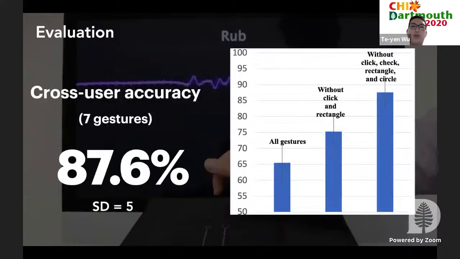Finally, the overall cross-user accuracy is only 65.5% for 11 gestures, which indicates the users performed gestures differently. However, if we remove some easily confused gestures, the overall accuracy can reach 87.6% for the remaining 7 gestures. We see this as an encouraging result.